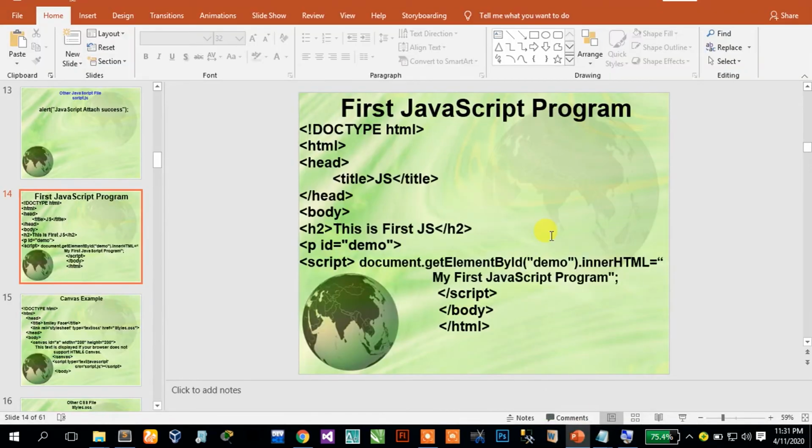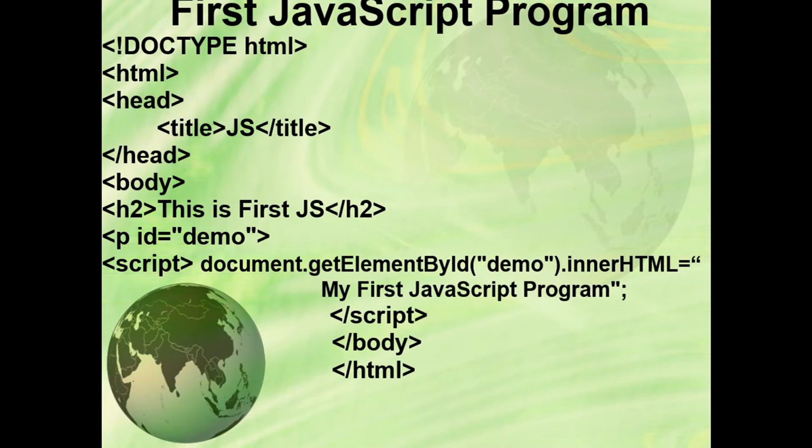Now see here. First, adding to this is the first JavaScript program, and P is the paragraph. In this paragraph I am creating an ID demo.